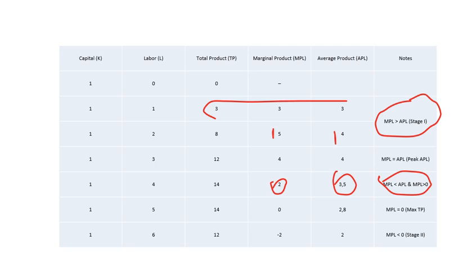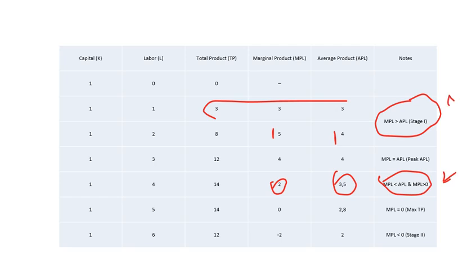Here, the additional worker adds less than the average, which pulls down the average, and pulling down the average means the TP is still increasing, but at this stage it is increasing at a decreasing rate, because you add less than the average. Okay, so here is the second stage, and here is the first stage.